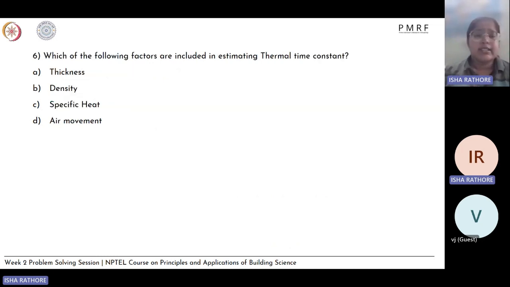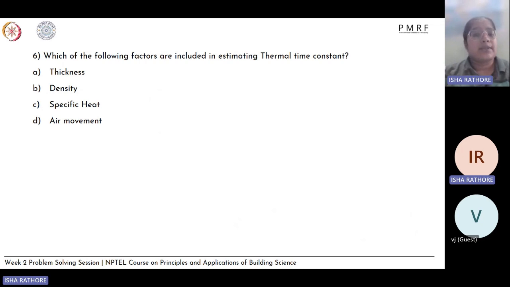Moving on to question 6. Which of the following factors are included in estimating the thermal time constant? So you have thickness, density, specific heat, and air movement. So this is again a multiple select question, that is, more than one option is correct.